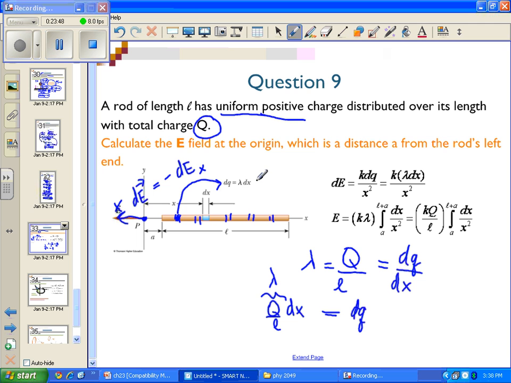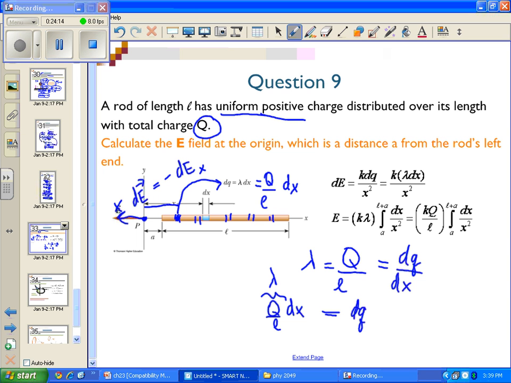And so you can see here, I can write this little dq. And by the way, our book chose to use this as the representative dq. It doesn't matter. All we want to say is that little dq is equal to lambda, and lambda equals total Q over total length L, times dx. Now, where is this little dq located from the origin?